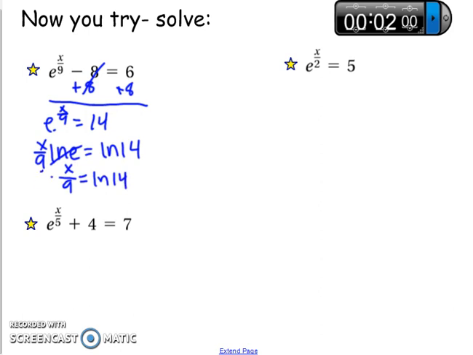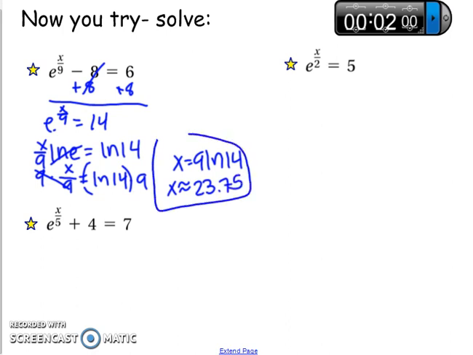And then I'm going to multiply each side by 9. So the 9 is getting multiplied to the whole thing. So I'm going to end up having x equals 9 ln of 14. Or approximate, I'm going to have 23.75. Okay, so in the next one, I'm going to take the ln of each side.